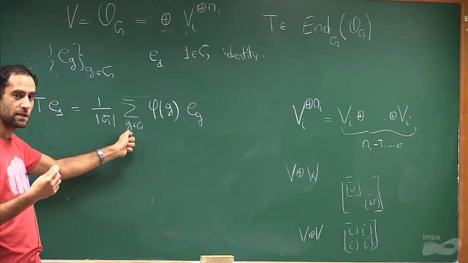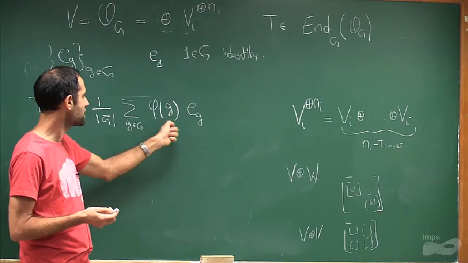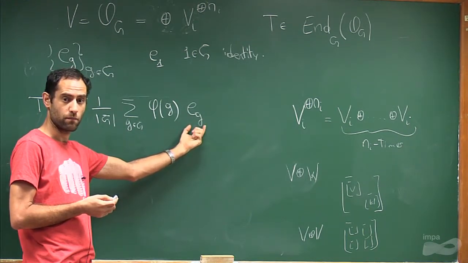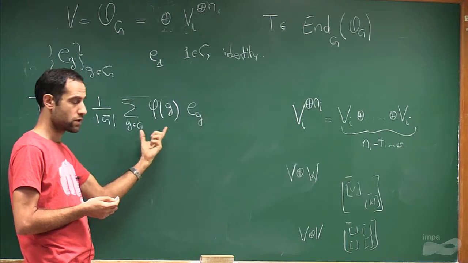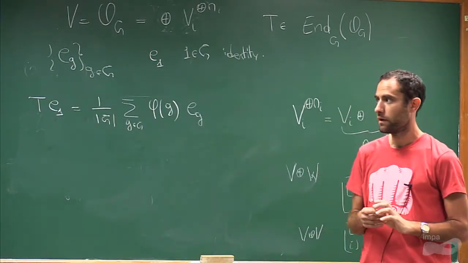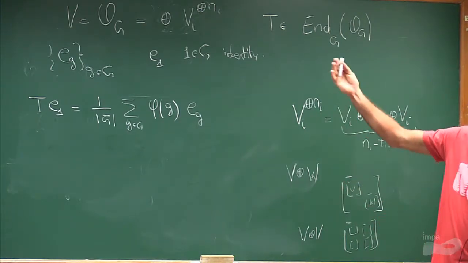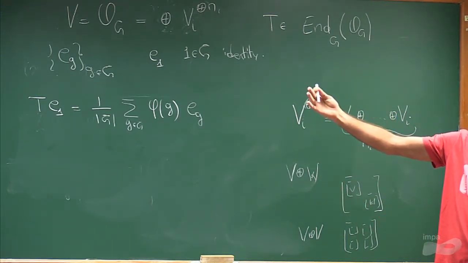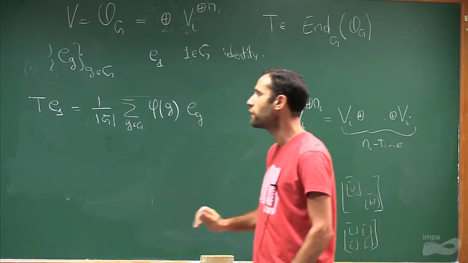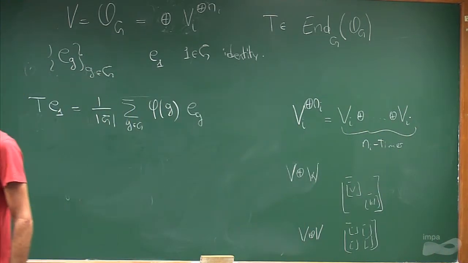If this element is 0, then that proves that this phi is 0, because this is a basis of the vector space. So what we're aiming for is to prove that T itself is 0, if phi is a class function that is orthogonal to every irreducible representation. So what we're aiming to prove is that this T of E1 is 0.